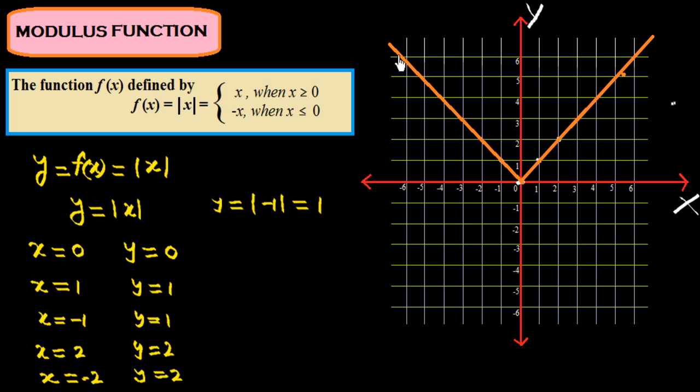So here you see the graph of the modulus function. It is on the upper side of the x-axis. The domain is along the x-axis on both sides. It goes from minus infinity to plus infinity along the x-axis. So the domain is R, but the range, you see, is 0 to infinity along the y-axis, only in the positive direction, not downwards.